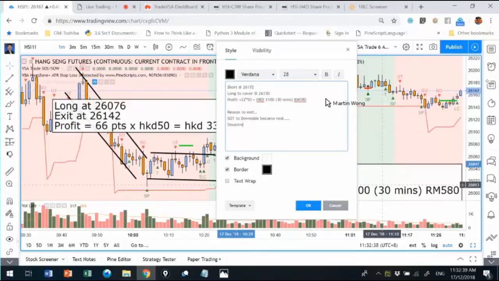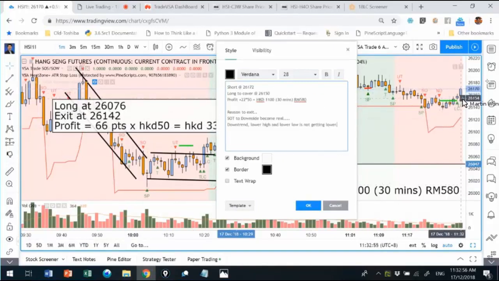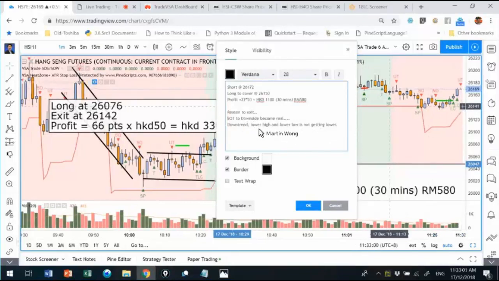Then we have a downtrend, lower high and lower low not getting lower. And then you can see why the market broke out. See? So we went up. Good, isn't it? You can go long again if you're not tired, but I'm tired from talking for 2 hours. That's why I say Hang Seng has a lot of trades. But normally, you take a break, come back at 3:30 and trade again.